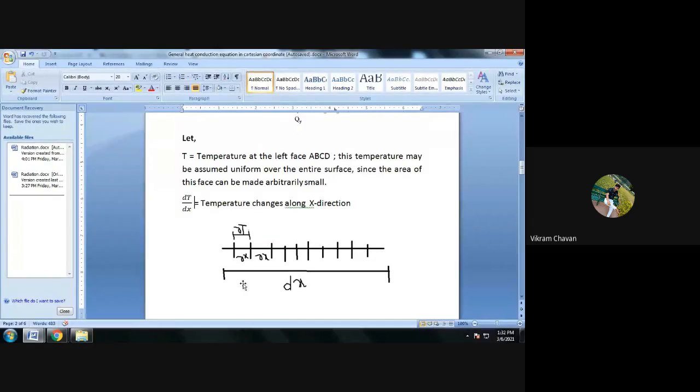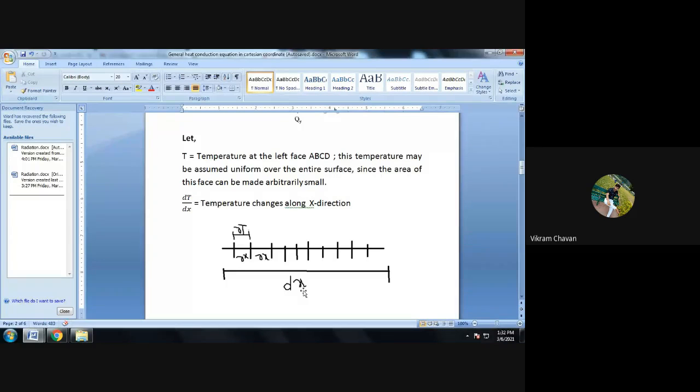Now consider that we have divided this dx length into a number of parts. Let us consider this dx length is 10 centimeter, for an enlarged view.